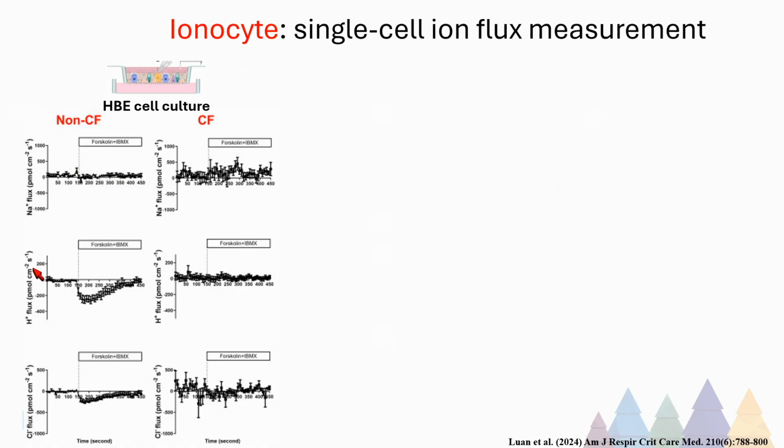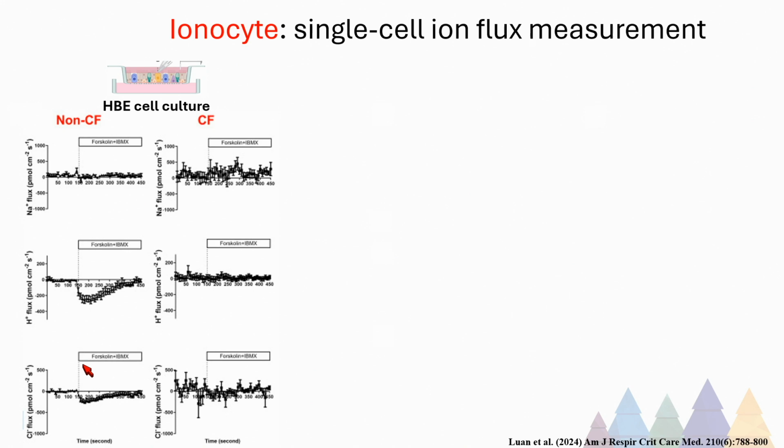But when we use a proton electrode, so a pH electrode, or a chloride sensing electrode, we do see a deflection in response to fractional IBMX. So the cells are producing a reabsorption of chloride, so chloride is being moved out of the lumen into the blood side.